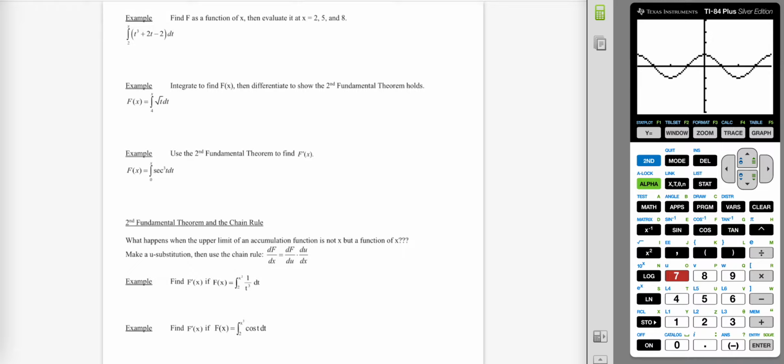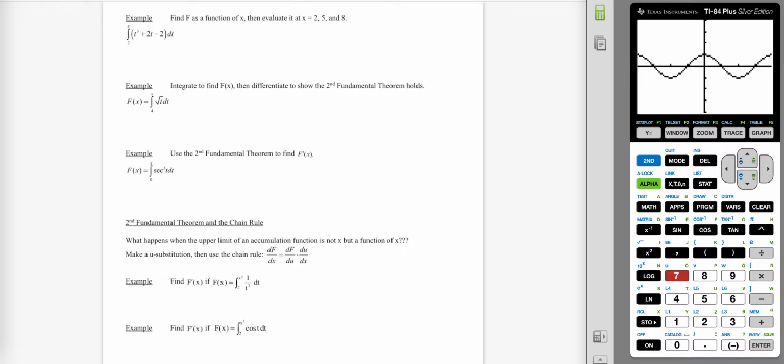All right, so we can make some substitutions now. Plug in the x and then plug in the 2 and see where that takes us. And what we'll end up with is a function of x. So 1/4 x to the fourth plus x to the second minus 2x minus 1/4 times 2 to the fourth plus 2 squared minus 2 times 2.